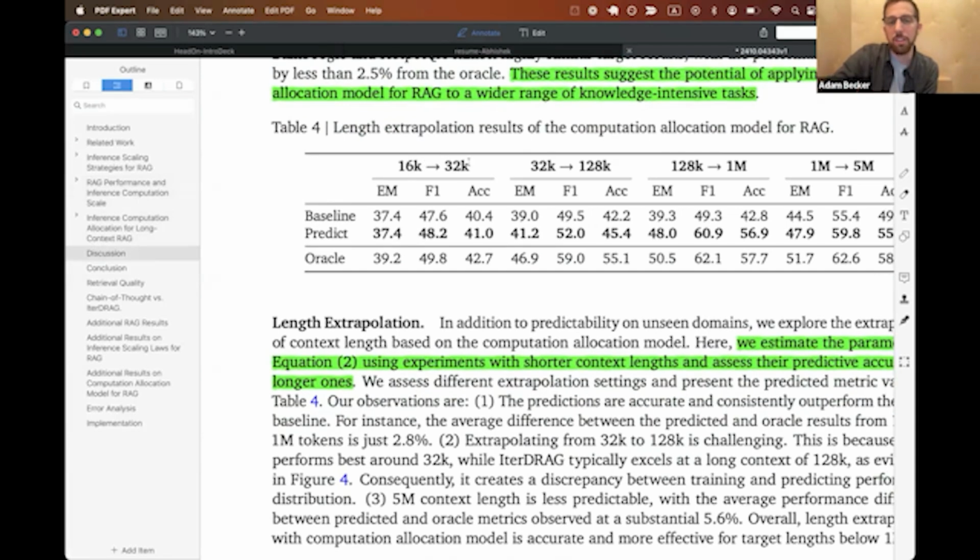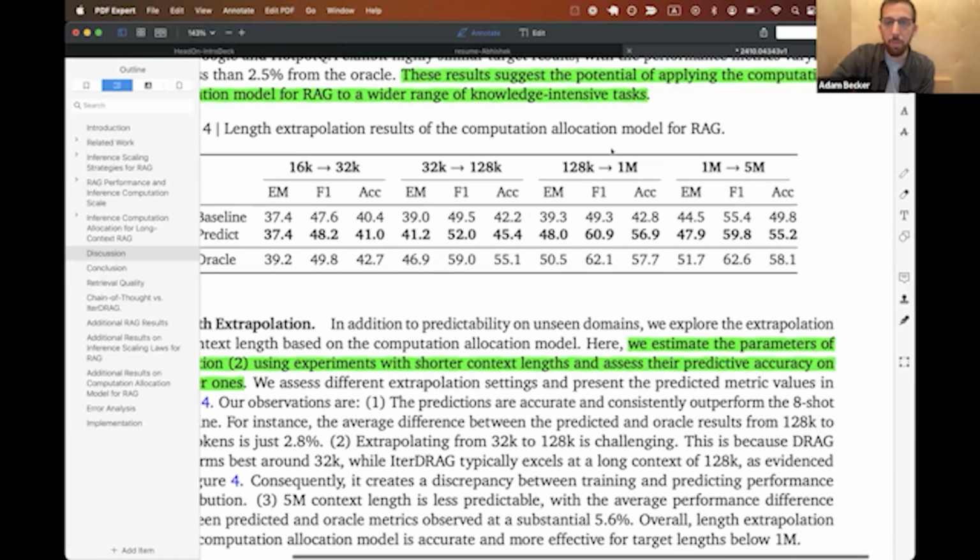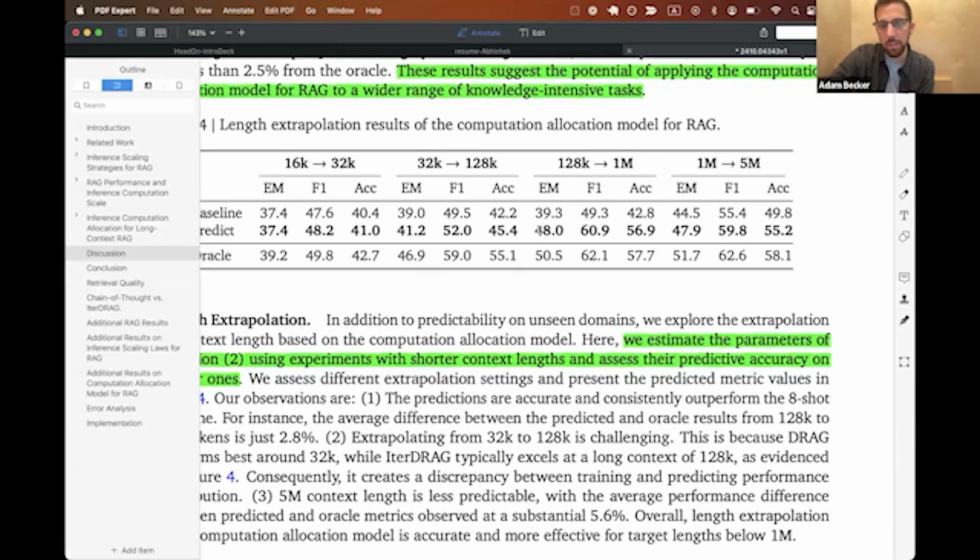So from 16K to 32K, the Oracle prediction, the best prediction, is going to be 39. You can predict 37.4. This is for the exact match. So you can do a decent job from 16K to 32K. From 32K to 128K, it's not good. And from 128K to 1 million, still decent.